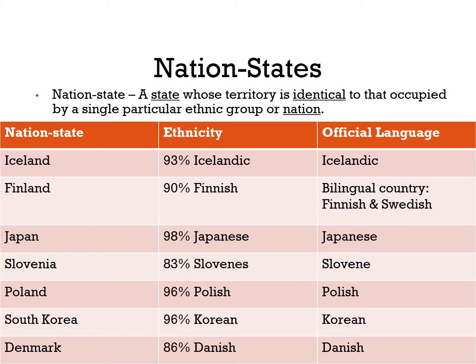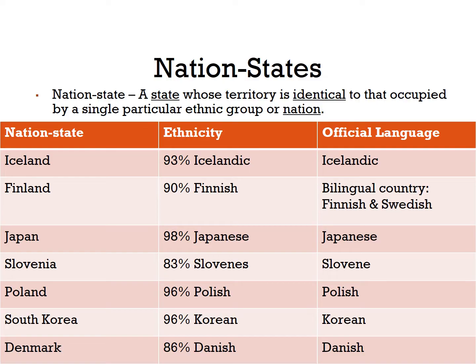As a result, some political geographers refer to nation states as ideal in terms of their political and cultural overlap. So a nation state is a country, a political unit with a nearly homogeneous culture.